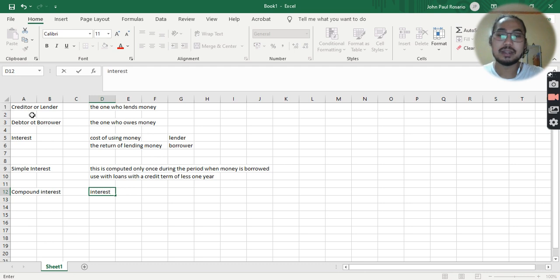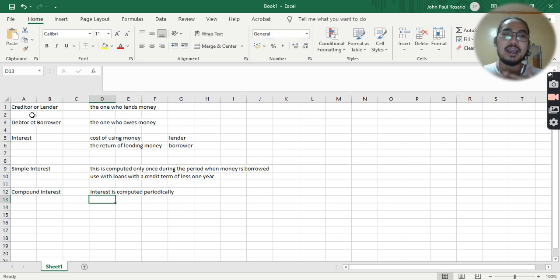But with compound interest, interest is computed periodically. When we say periodically, it could be monthly, quarterly, so every 3 months, bi-monthly, so every 2 months, bi-weekly, every 2 weeks, daily compounding periods, annually, so every year, semi-annually, so every 6 months.